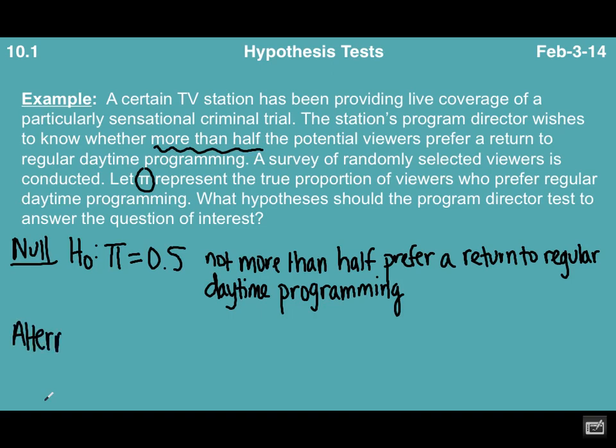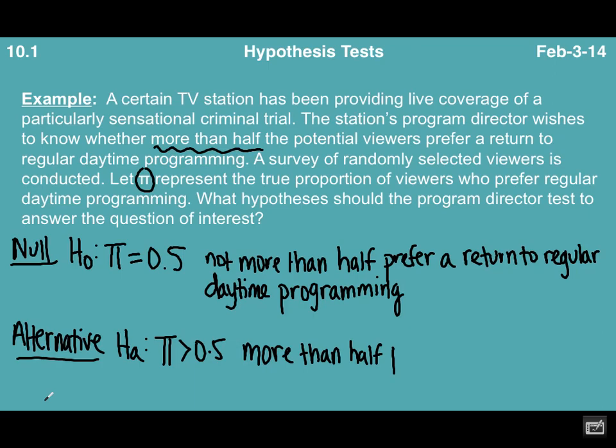The other one is called the alternative hypothesis. That's HA. This is what we care about. The director wants to know if more than half prefer a return, so we're going to look for evidence that pi is greater than 0.5. If pi is greater than 0.5, that implies that indeed more than half prefer a return to regular daytime programming.